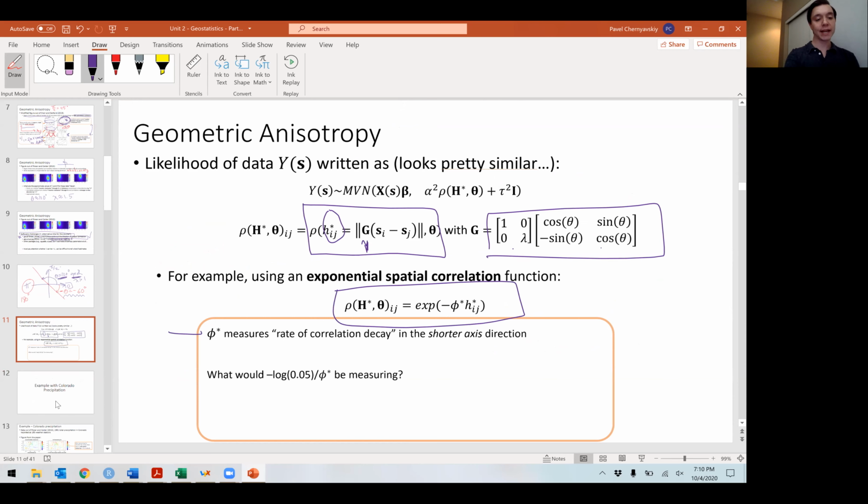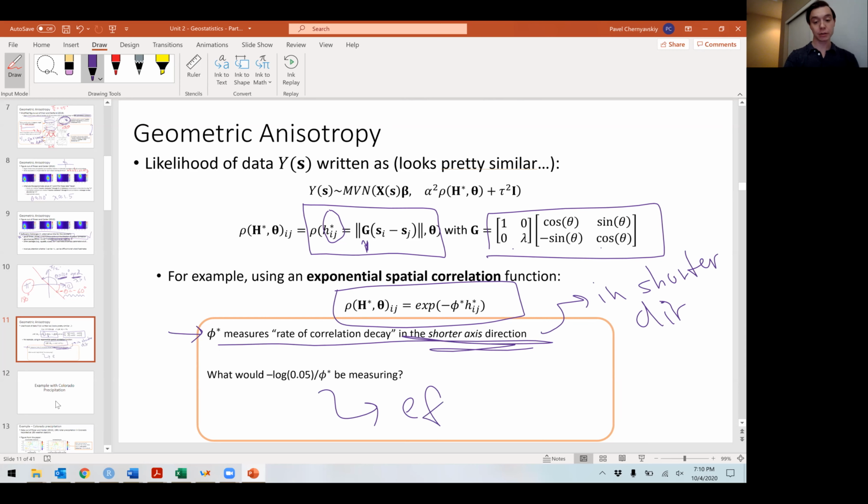And then our range parameter measures the shorter of the two ranges, right? So in the shorter direction, phi star measures how quickly correlation decays. And then this would be the effective range in that direction.